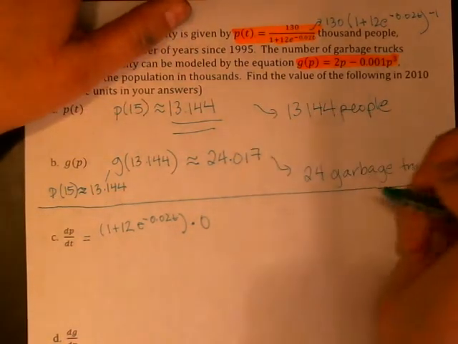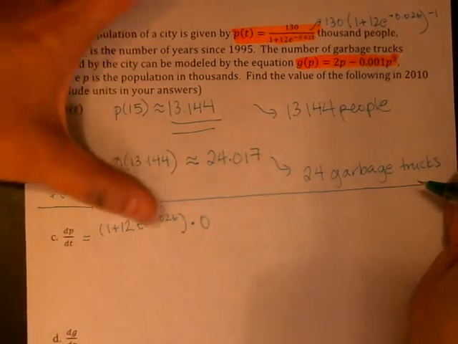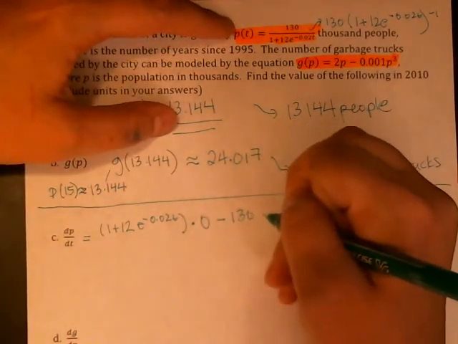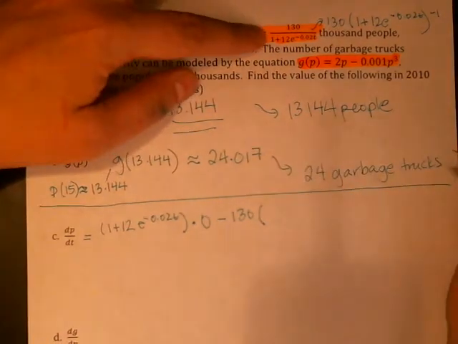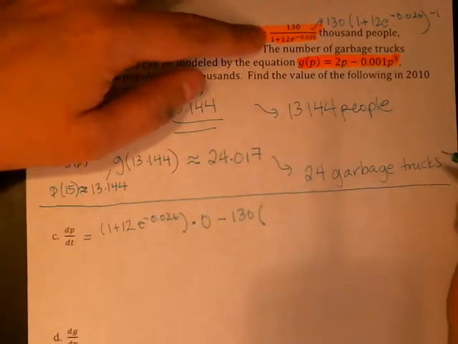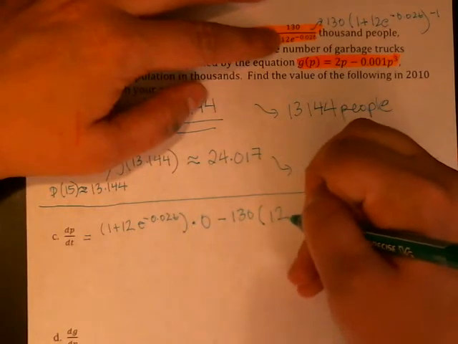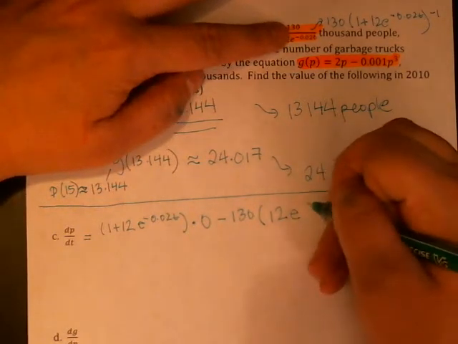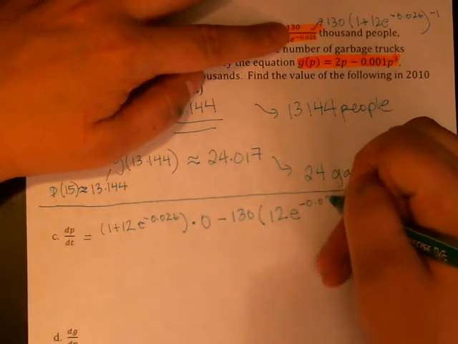Okay, so then, where was I at? So that was the bottom times the derivative of the top, and then I want minus the top times the derivative of the bottom. So the 1 is just going to go away, derivative of 1 is 0. The 12 is going to come along for the ride. The derivative of e to the stuff is e to the stuff.